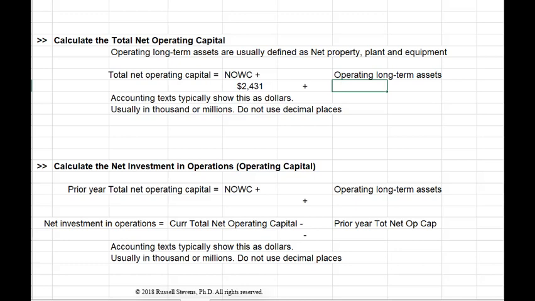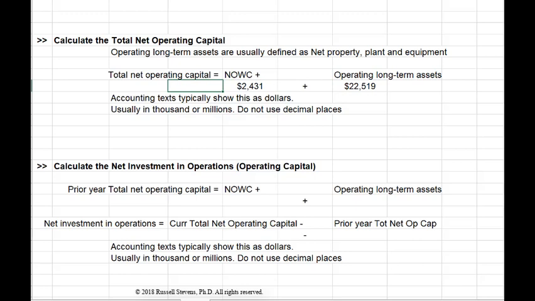Looking at the balance sheet on your PDF printout, you will see that for the current fiscal year, A, the total property, plant, and equipment, which in this case is also the net property, plant, and equipment, is $22,519,000. 22519 is entered into the appropriate workbook cell.